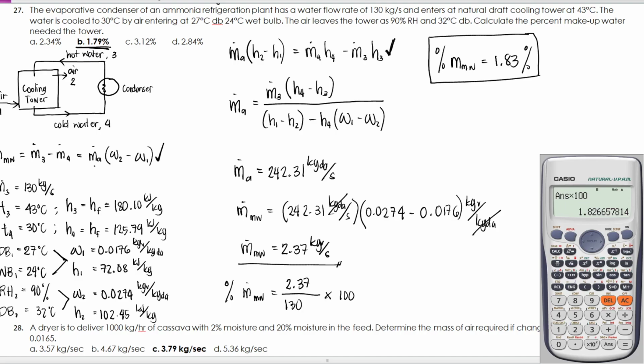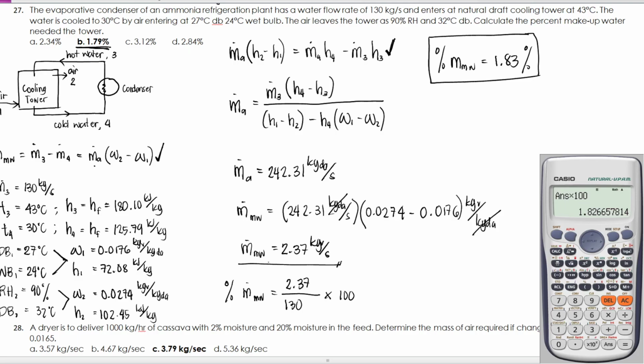But if you're going to try it on your own, gamit yung mga formulas natin ng humidity ratio, enthalpy, at gamit ang steam table, maaari nyo siyang makuha ng sakto dito. Okay? So approximately, malapit din naman, 1.8%. So 1.79 or 1.83%.